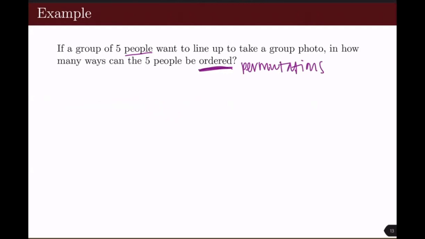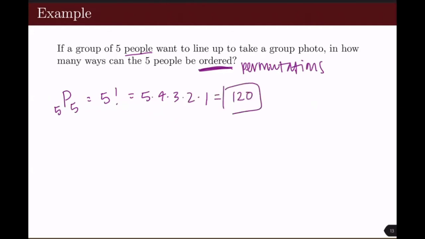So out of the 5 people, I'm actually ordering all 5 of them, right? You can also think of this as if you're lining up the people, this is person 1, right?